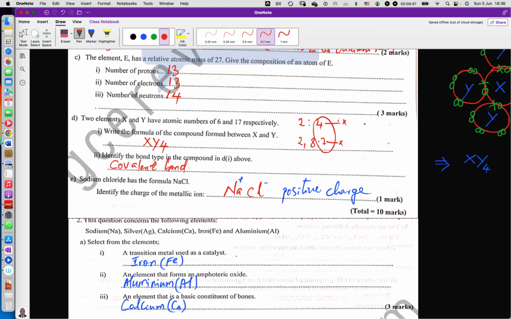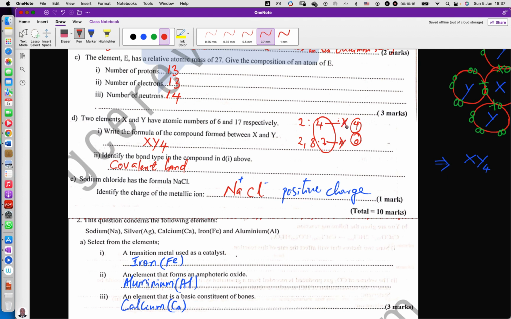So now X will need 4 electrons, and this will only undergo covalent bonding. Let me say X is representing carbon, and Y is representing chlorine.